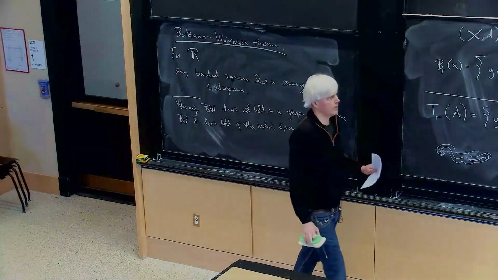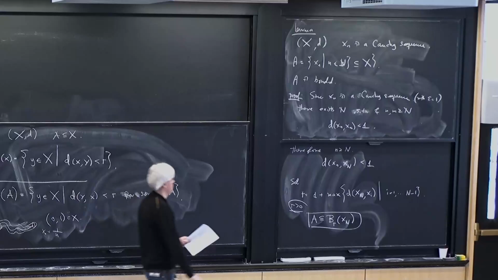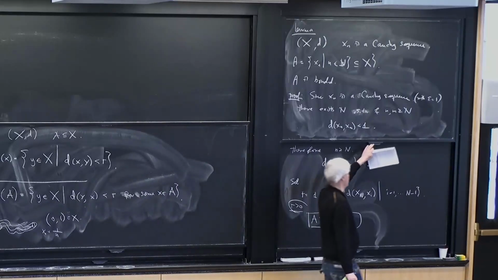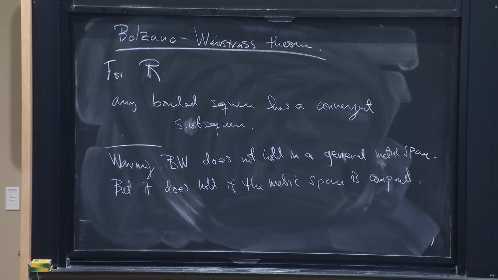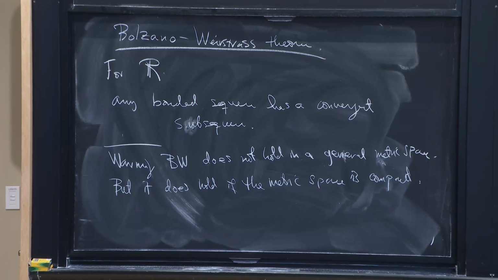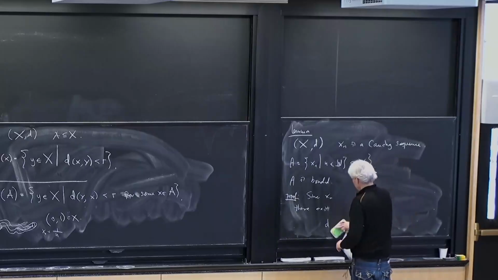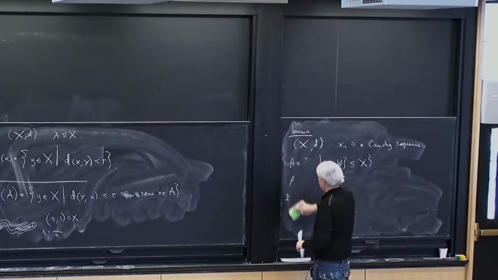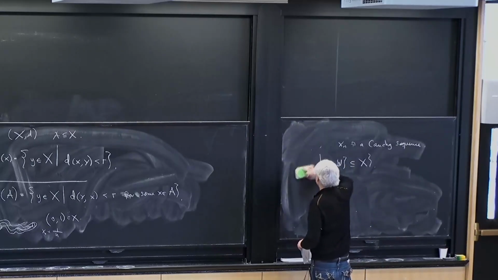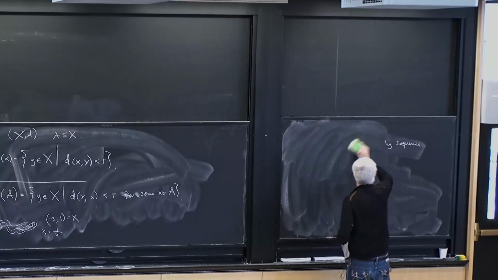But in order to talk about what it means for a metric space to be compact, I need to define what it means for a set to be open.